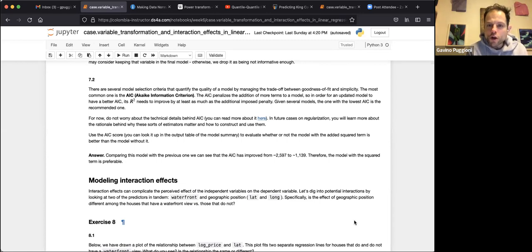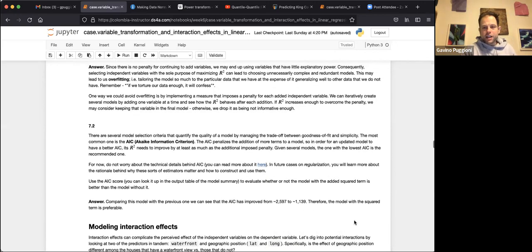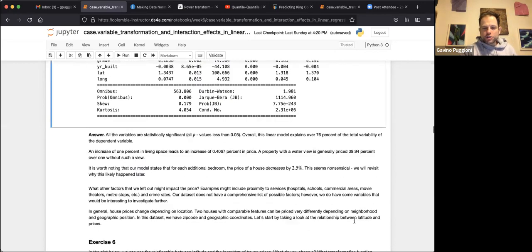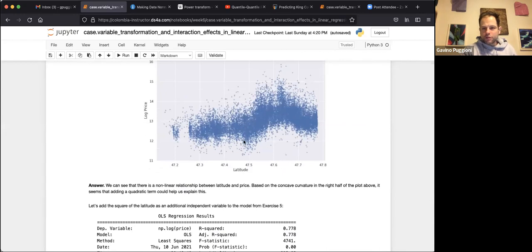Now, let's talk about waterfront and how it interacts with latitude and longitude. This might be working in tandem, right? Let's talk about what interactions are. If we want to measure the effect of one variable for a specific subclass of a categorical variable, the question that we might have is, we saw that latitude changed the price.